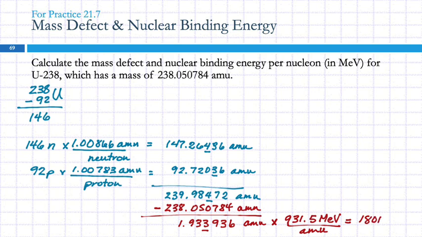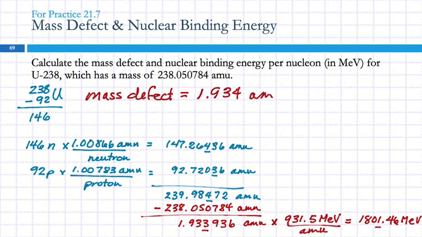See, we're going to have 4 sig figs. So the mass defect is 1.934 atomic mass units.